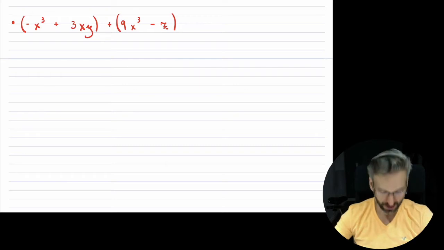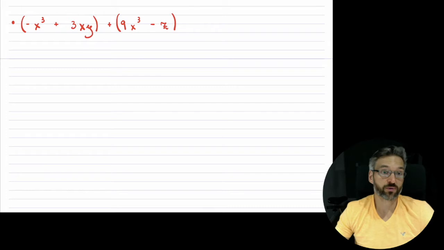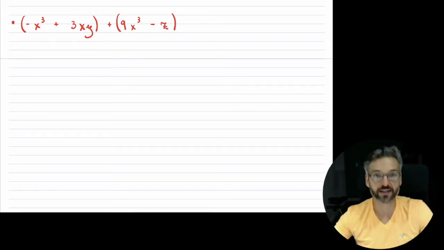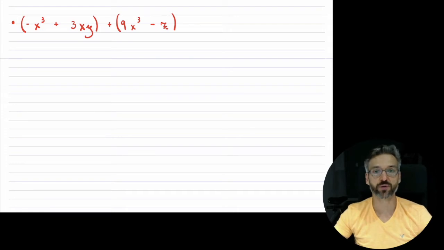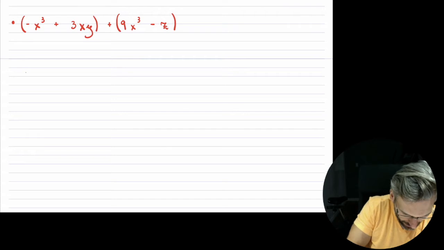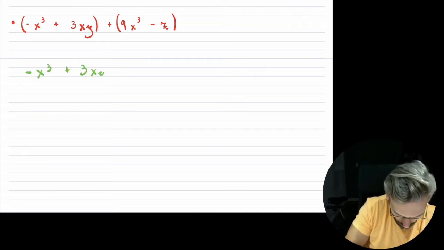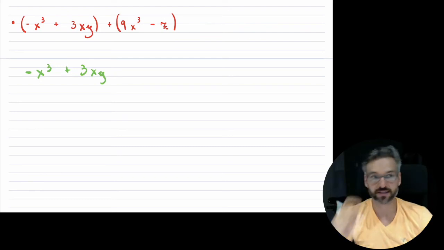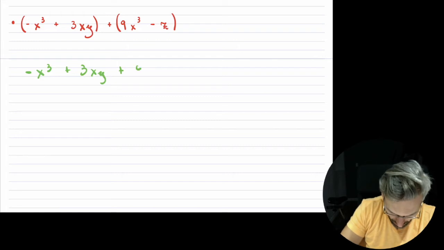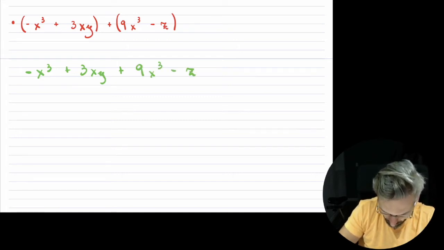In this case, what I like to do is simply remove the brackets because they're unnecessary, but when you're adding and subtracting polynomials, you often do run into questions like this. So I can completely rewrite this as negative x cubed plus 3xy, removing those brackets entirely. There's nothing to do, and now I can be adding. Those brackets also have nothing really to distribute.